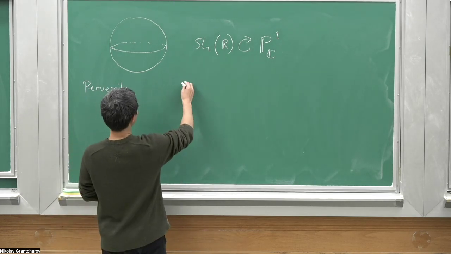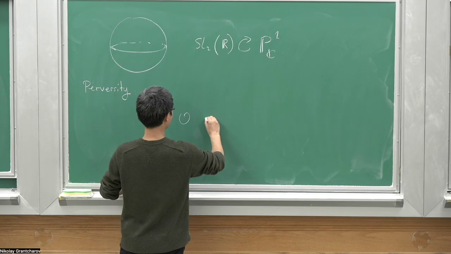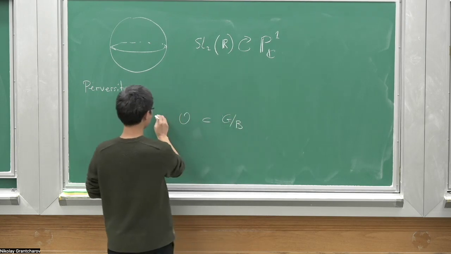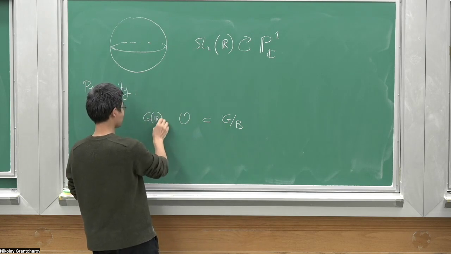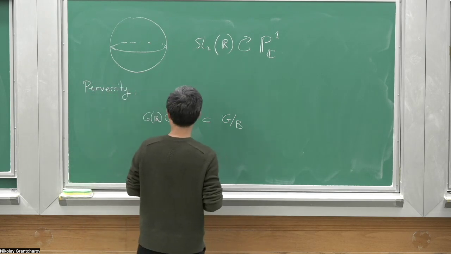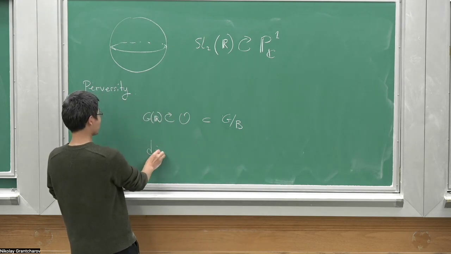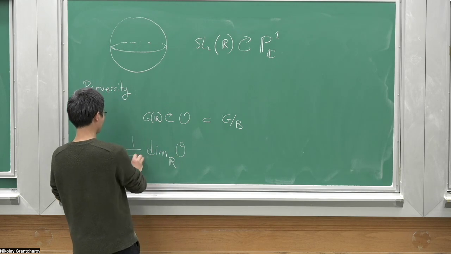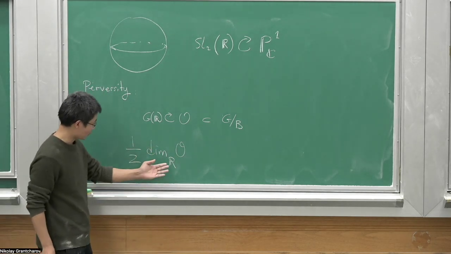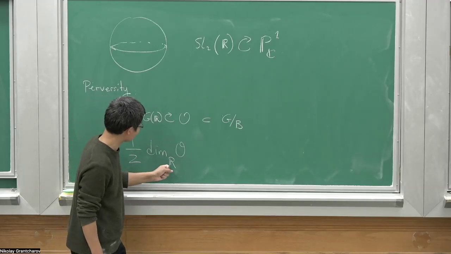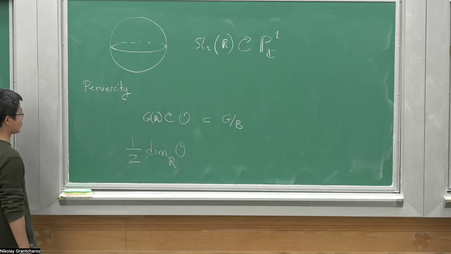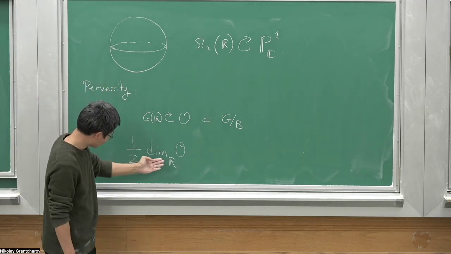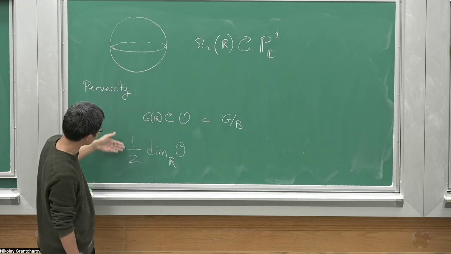So for each orbit, this is a GR orbit. So the perversity function is not just, well, for complex manifolds, we just take the complex dimension of the orbit. That's the perversity function. Here, of course, you take the real dimension divided by 2 to approximate the complex dimension.